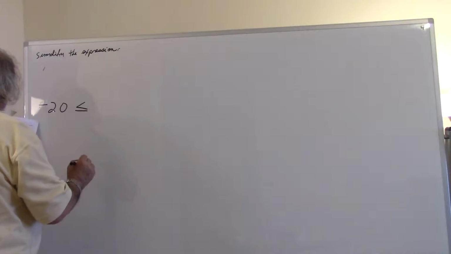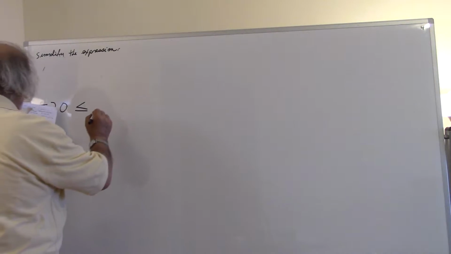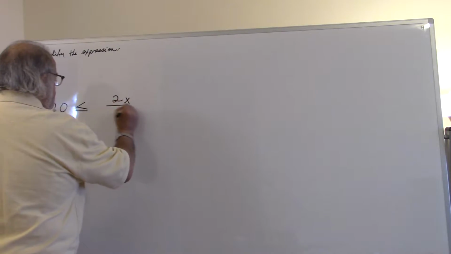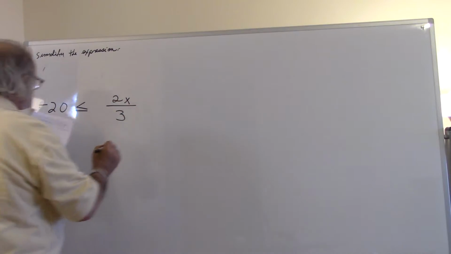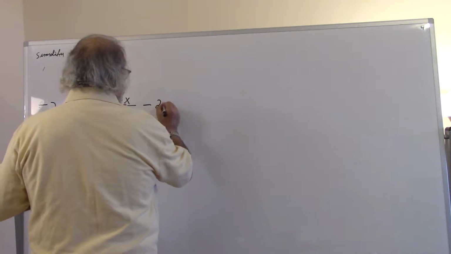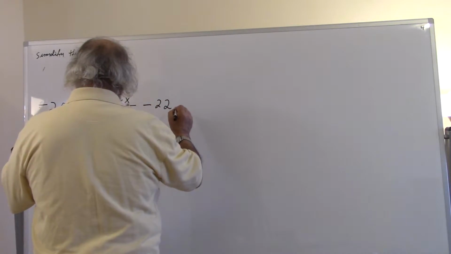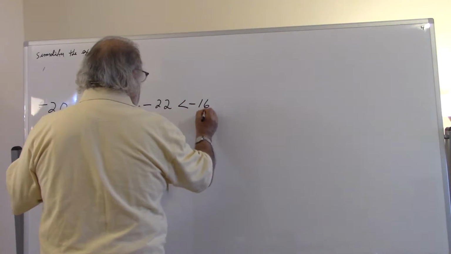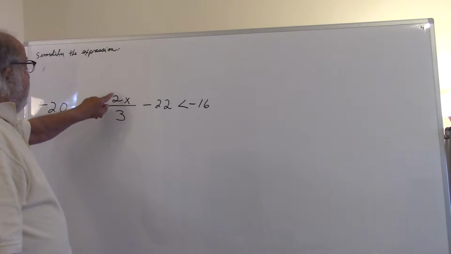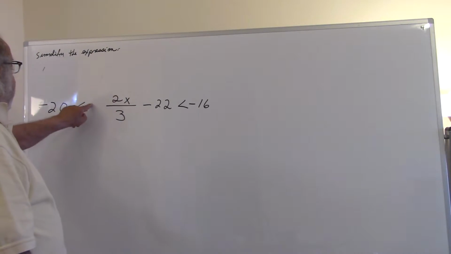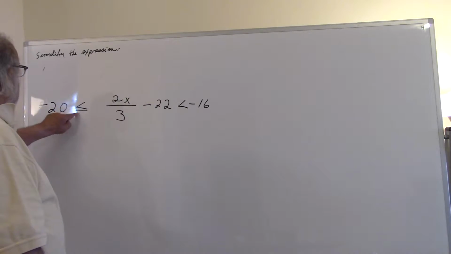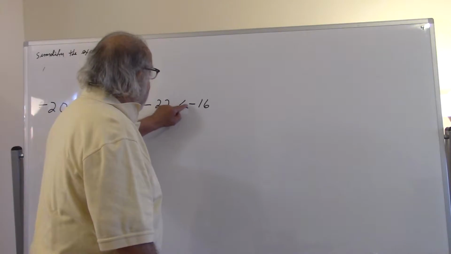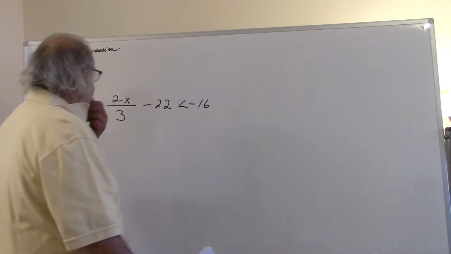Let me write this completely down. Okay, this reads 2x divided by 3 is greater than or equal to minus 20. 2x minus 22 is less than minus 16.